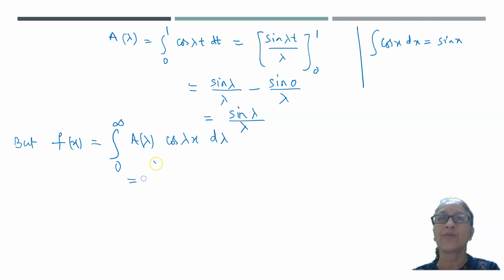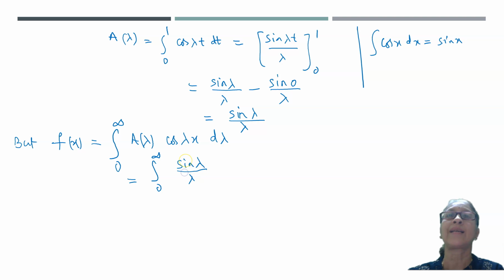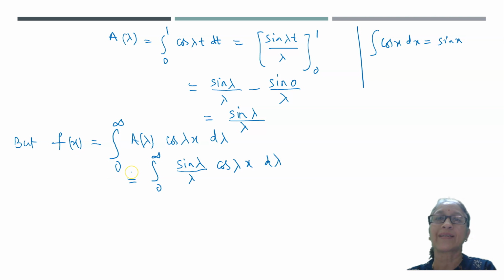So which is equal to integral 0 to infinity sin lambda upon lambda into cos lambda x d lambda. But what is f(x)? f(x) is nothing but pi by 2.